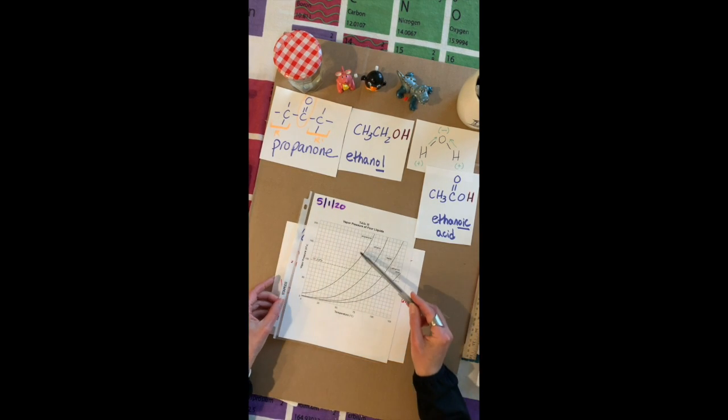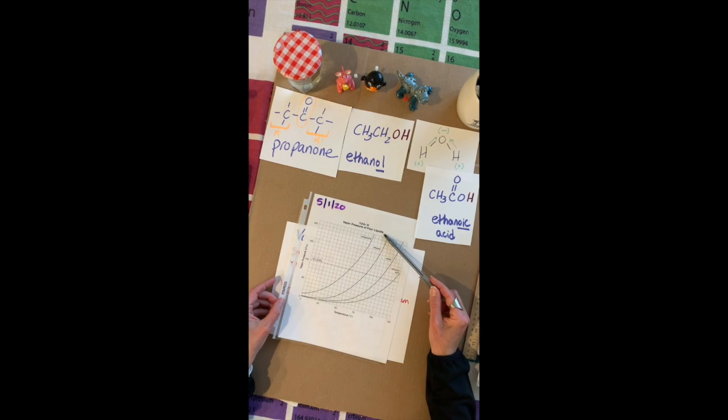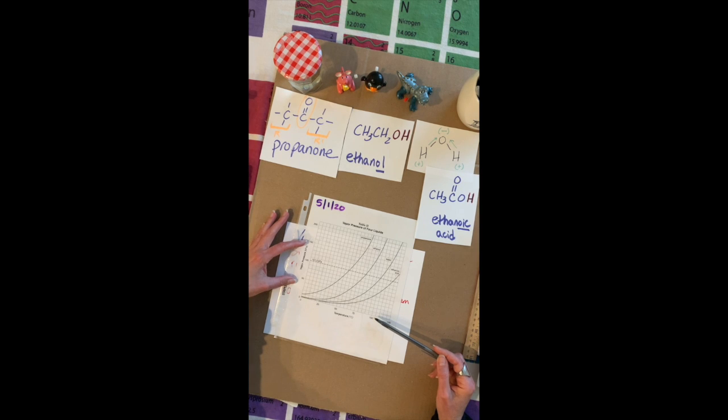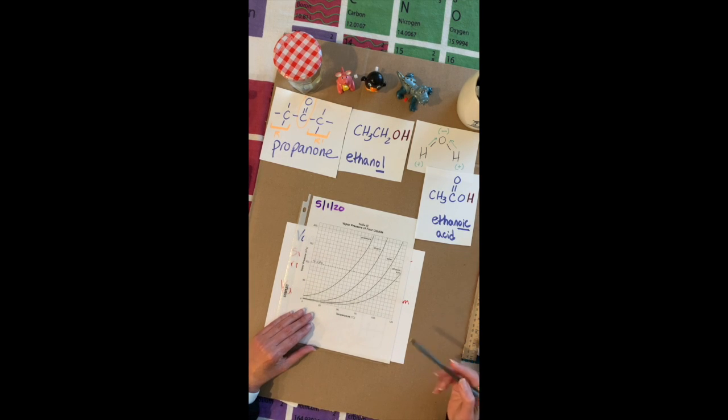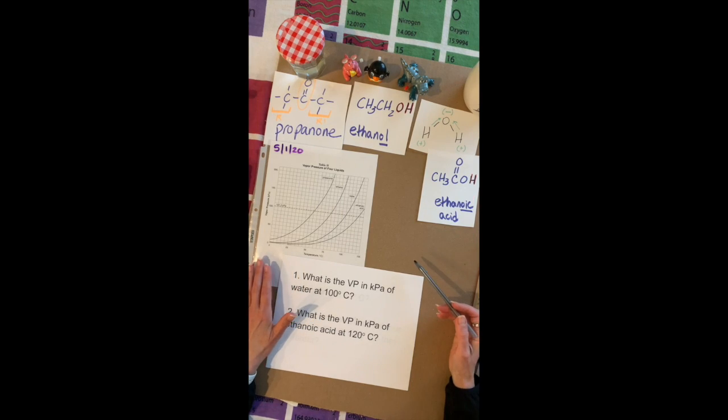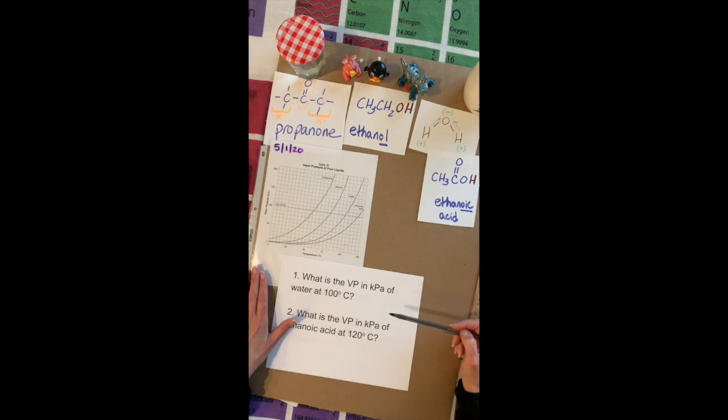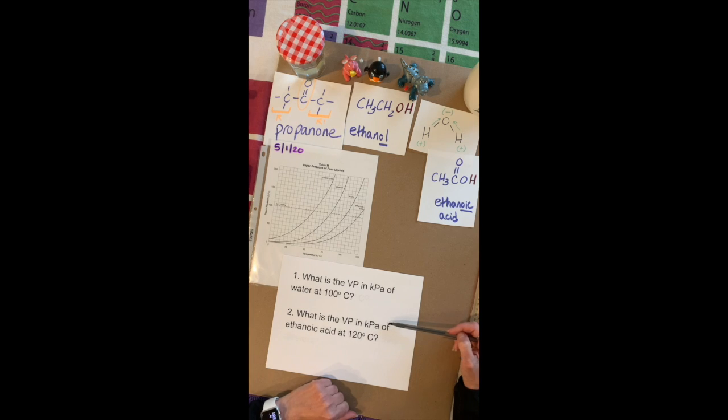In these cases, these are all liquids, right? And they form a certain amount of vapor pressure above their liquid form in a closed system. So this lesson is really all about how we can use Table H to answer some questions about vapor pressure.